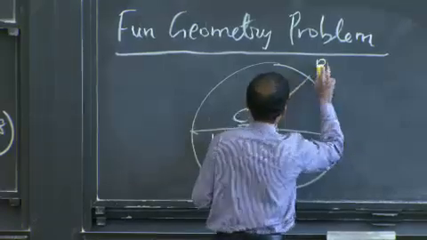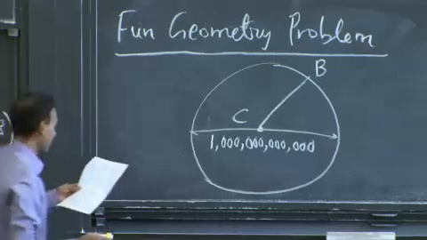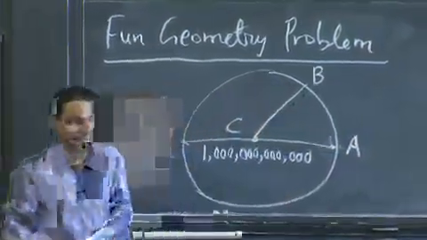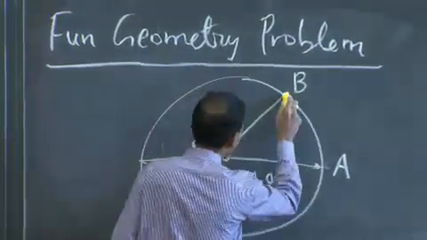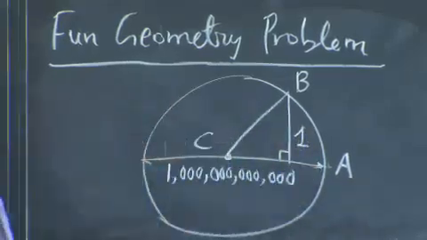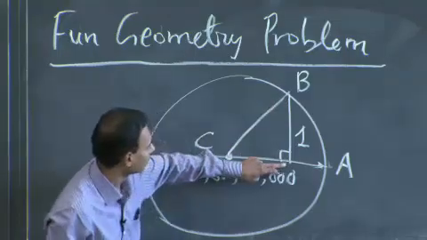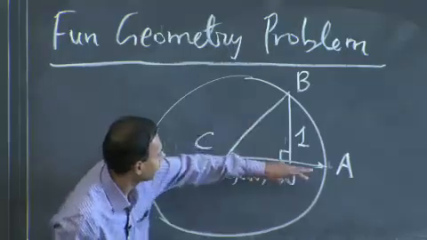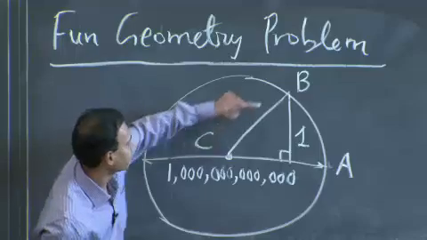That is what's called a radius, in case you'd forgotten, and that's B, and this is also a radius, and that's A. And what I'm going to do is drop the perpendicular down, which is 1 unit high.